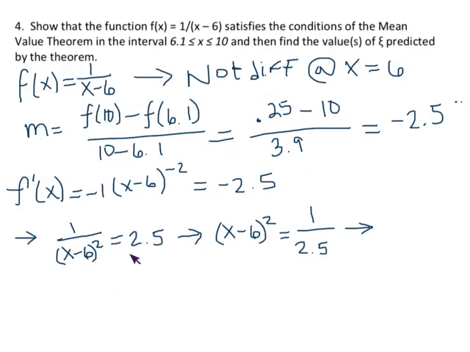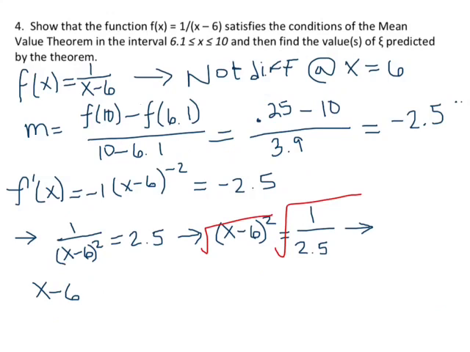Now, the fact that these two are equal we can use to our advantage, so that we get x minus 6 squared equal to 1 over 2.5. You take the reciprocal of both sides, and that gives us this result here. The next thing to do is apply the square root to both sides. That's fairly easy, because it gives us x minus 6 on the left-hand side.